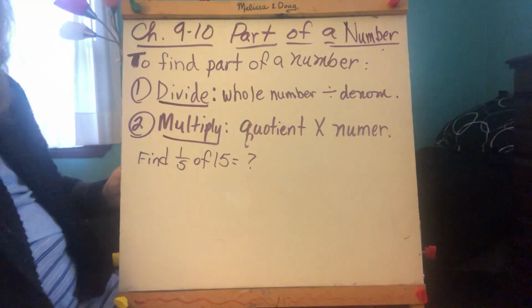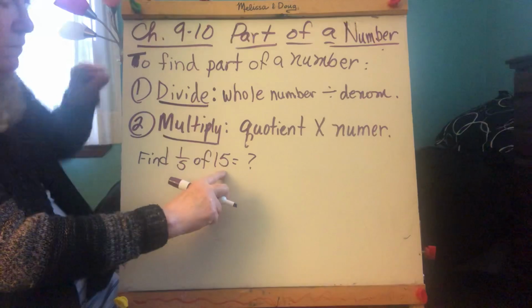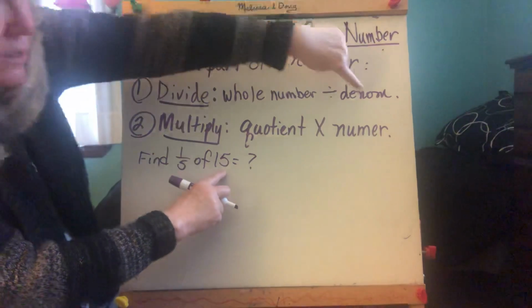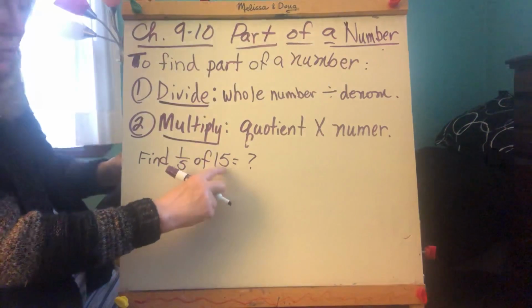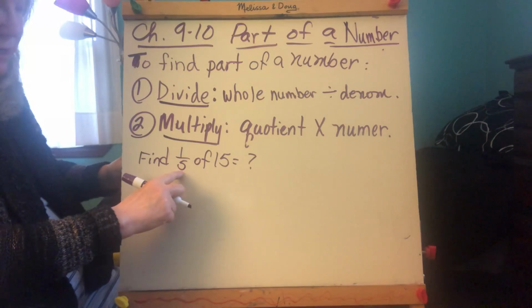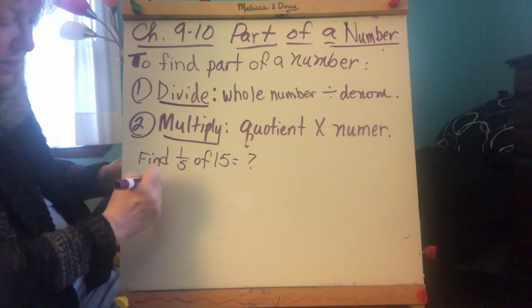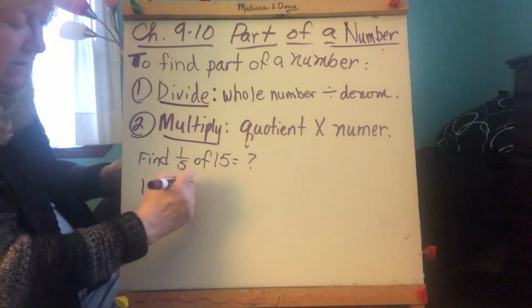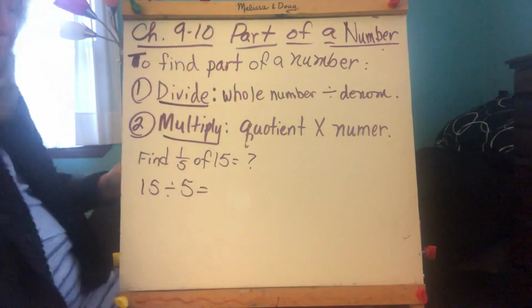Okay, same thing. You take your whole number and divide it by your denominator. 15 divided by 5 equals.